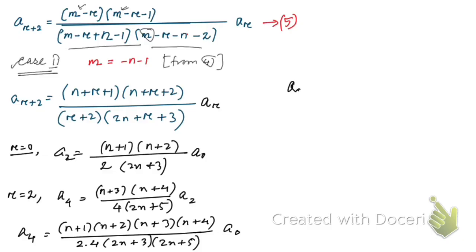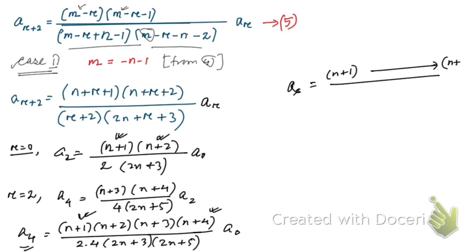If you observe the pattern, for a4 we started from n+1 and ended at n+4. So here we have to start from n+1, and the last term will be n+6 for a6, right? And in the denominator, here we have got 2, here 2 into 4, here we're going to have 2 into 4 into 6.